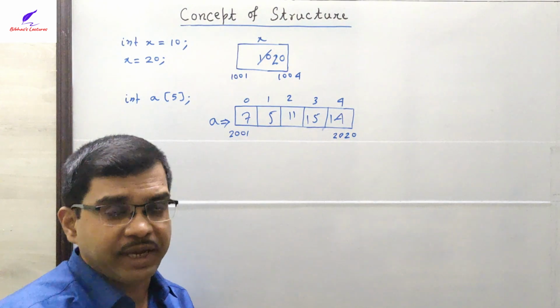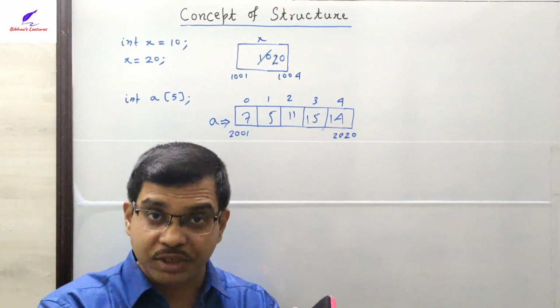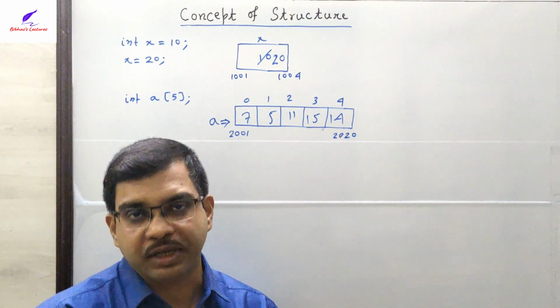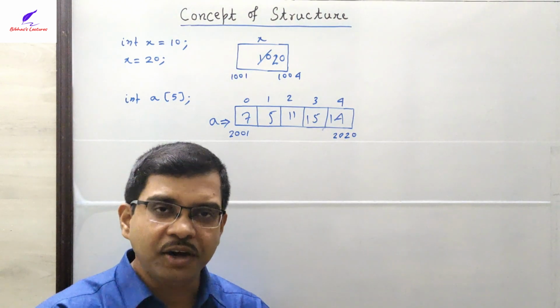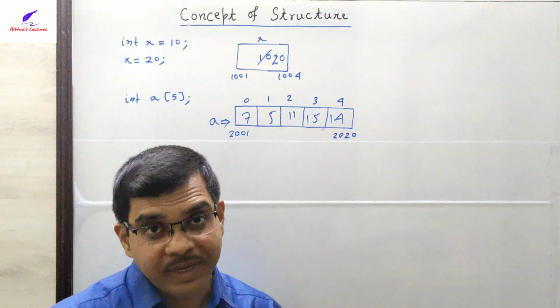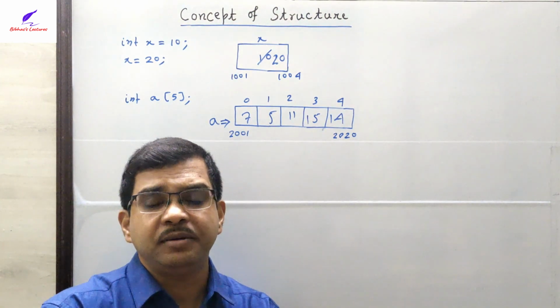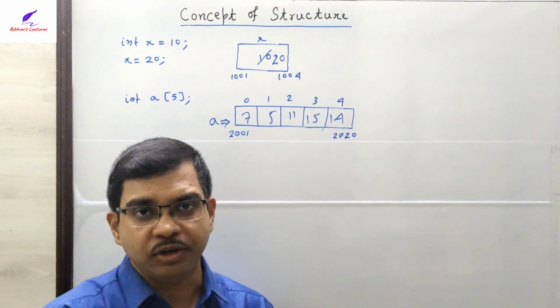Now suppose we want to store the details of the records of the students of a particular class. Suppose in that class 50 students are there, and we want to store the roll number, the student name, as well as the marks obtained for a particular subject by each and every student of the class.